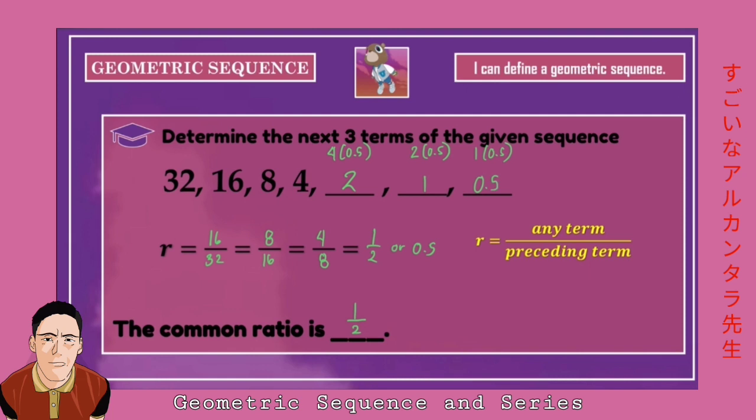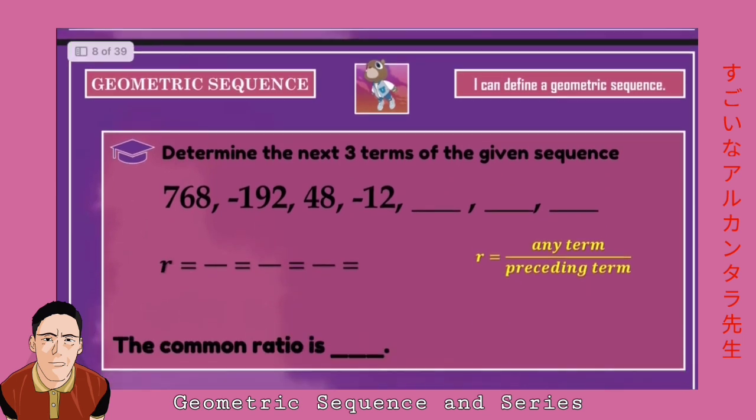And again, do not be confused here. You can also have the terms multiplied by 1 half. 4 times 1 half, that's 4 over 2, which is equal to 2. 2 times 1 half, that's 2 over 2, equal to 1. Then 1 times 1 half is equal to 1 half. And 1 half in decimals is 0.5. So either way, no matter what you do, it's going to be the same value.